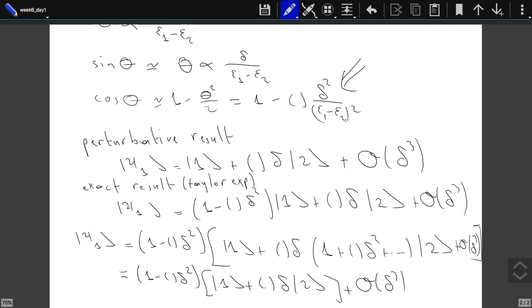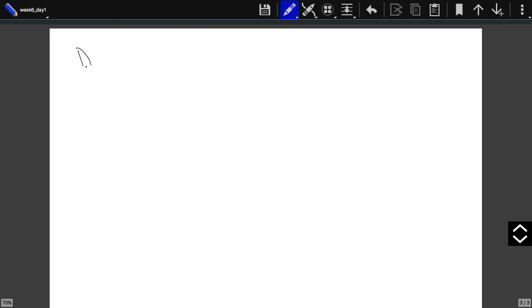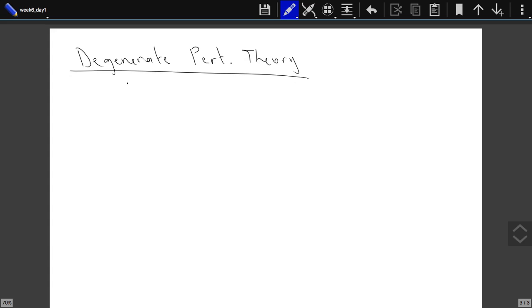And we know that in degenerate perturbation theory, the thing that we have to pay attention to is that we have to choose a basis. Let's just say these are our basis states, psi i, and among these, i equal to 1 up to n are degenerate.